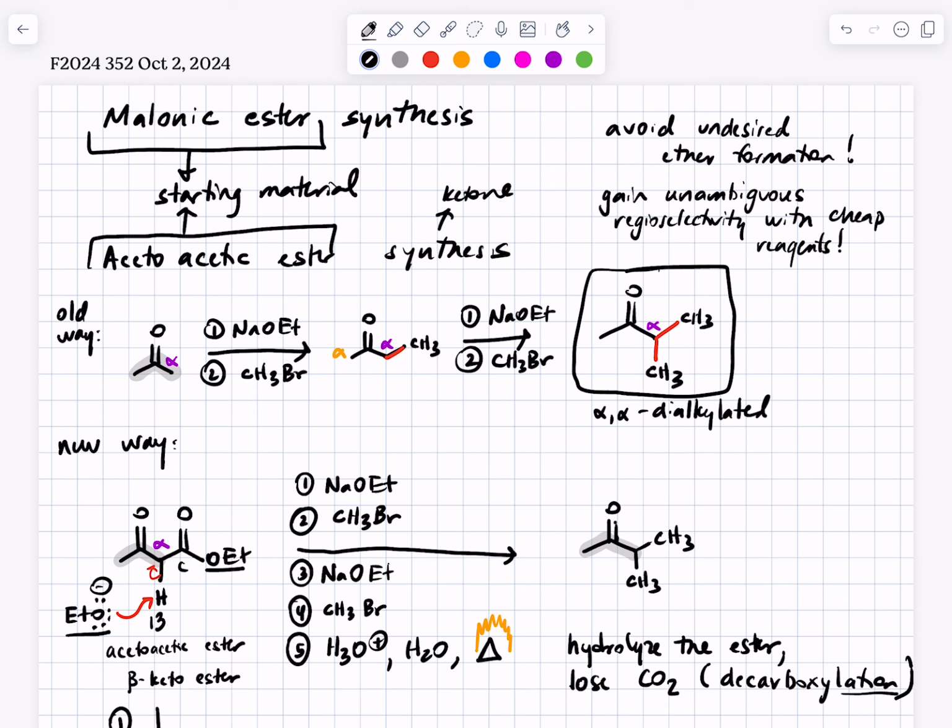The product of the malonic ester synthesis in the end is going to be a carboxylic acid. And we're using these methods as cheaper and more reliable workarounds to enolate alkylation chemistry. We'll avoid undesired ether formation, and we will gain unambiguous control of regioselectivity, but with very cheap reagents. We don't have to use LDA at all.